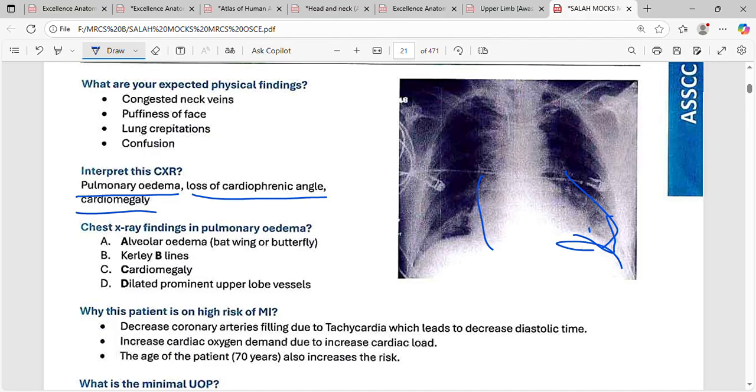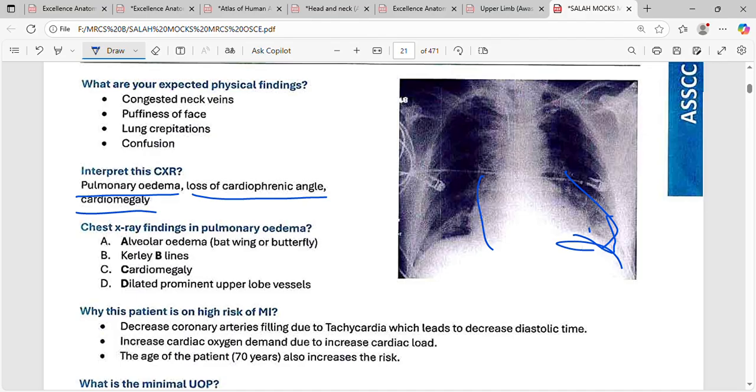And there is pulmonary edema. We have these lines and the bat wing or butterfly shape appearance. Also, these are the findings. So this is your interpretation: this chest X-ray shows pulmonary edema, loss of cardiophrenic angle, and cardiomegaly.